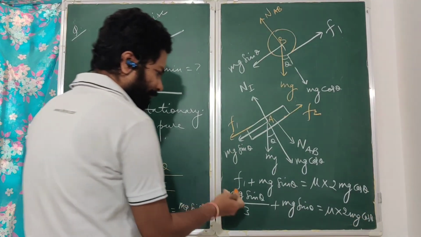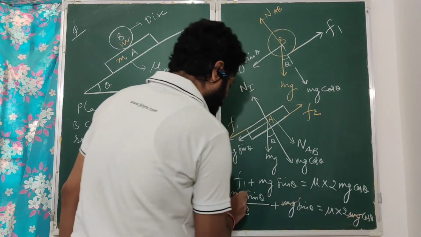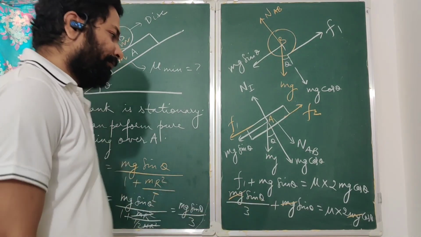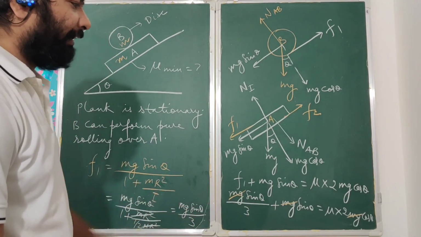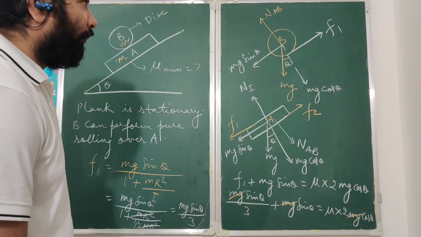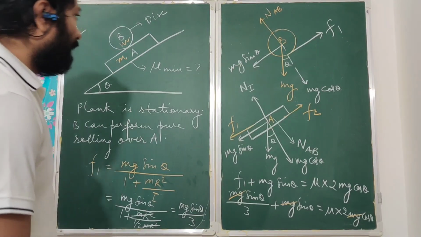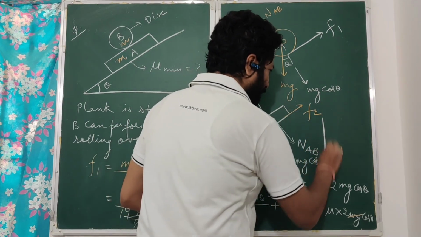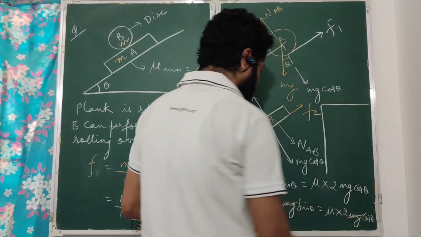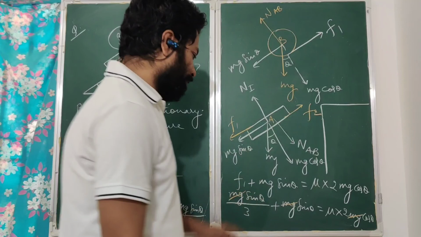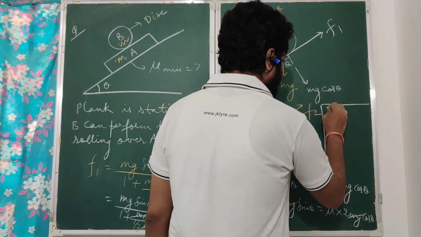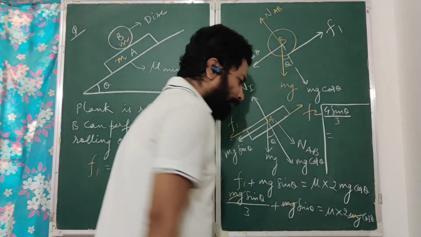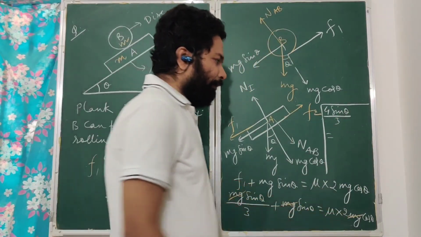So now here mg and mg get cancelled. What do you get here? 4 sin theta by 3. I need some space, I'll write it here. We have some space, so we utilize it. This is 4 sin theta by 3, and that is equal to twice mu cos theta.